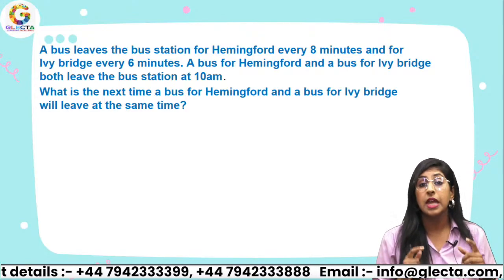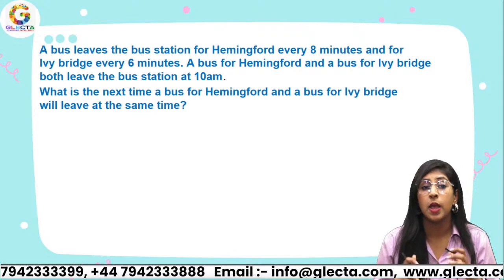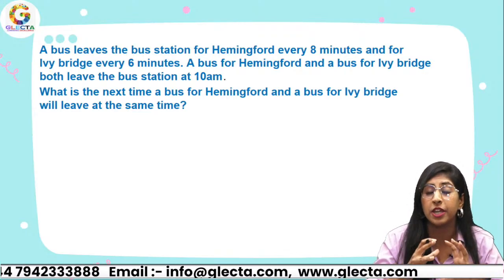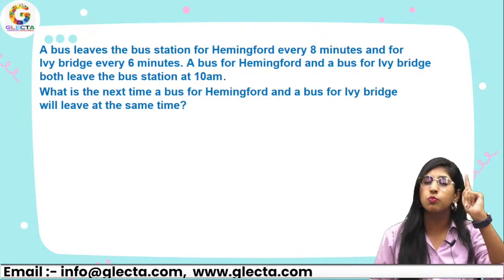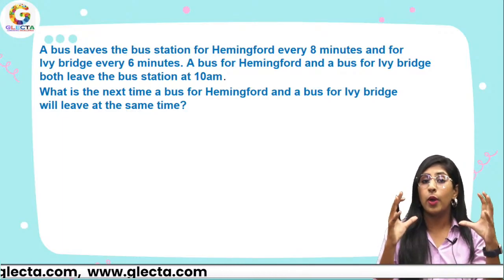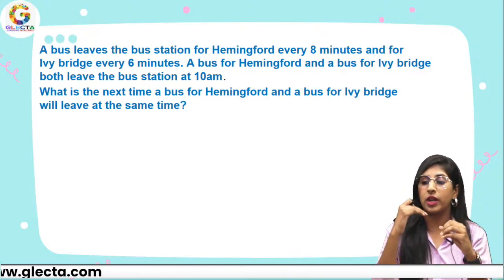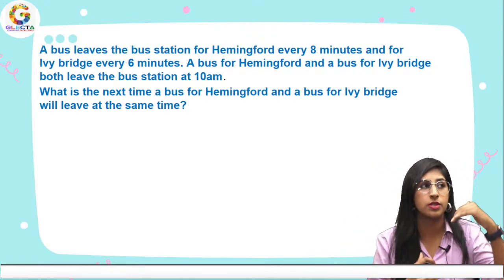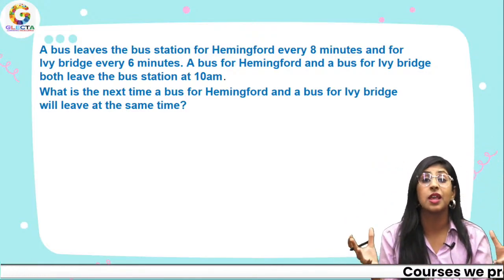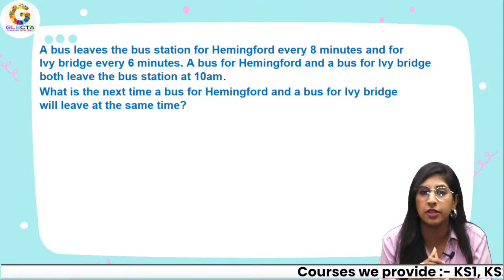Now see, in these kinds of questions, when two events are happening together, just remember a small trick. When one event is happening after 5 minutes and the other event after 10 minutes, when will they both happen together?